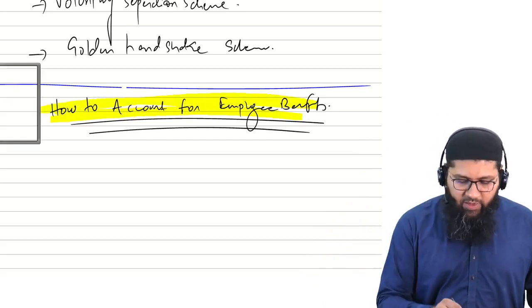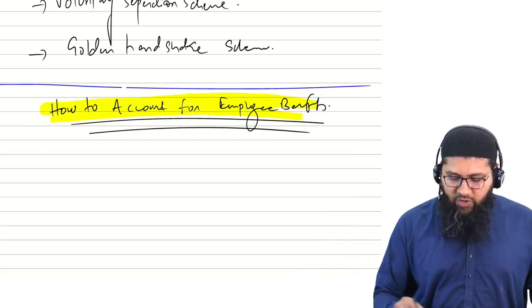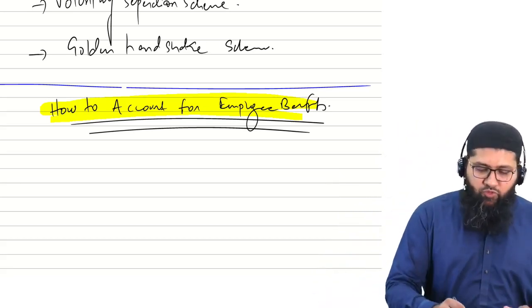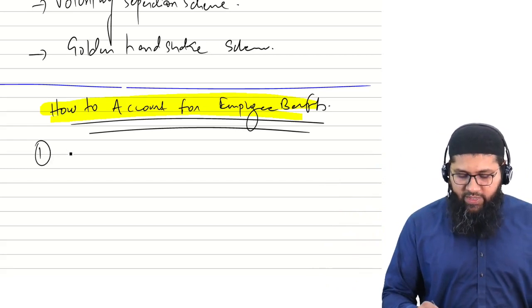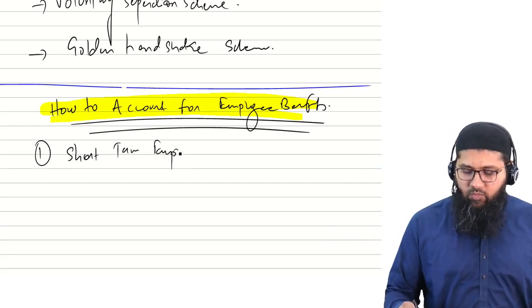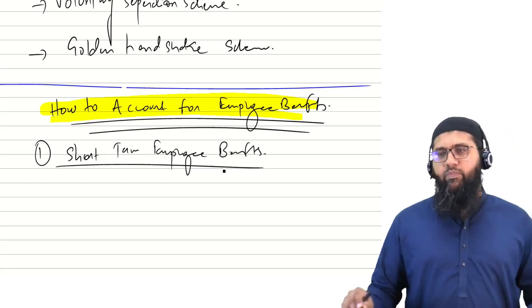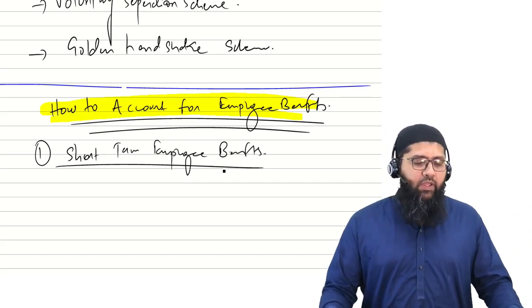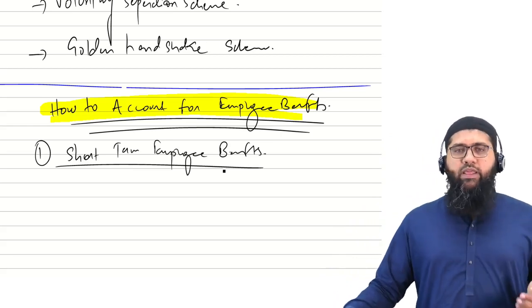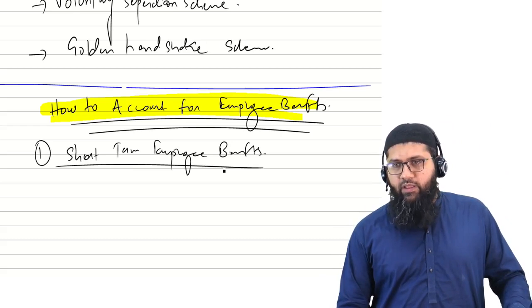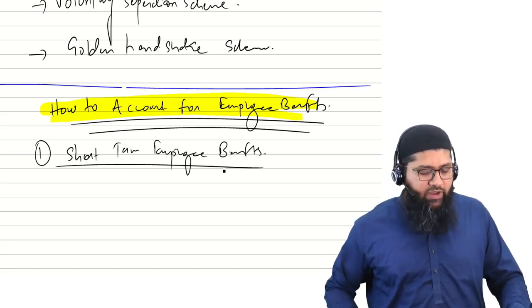So first of all, I'll be discussing the short-term employee benefits, and how you should be accounting for them. Now, when we talk about accounting for the short-term employee benefits, let's try to understand this.